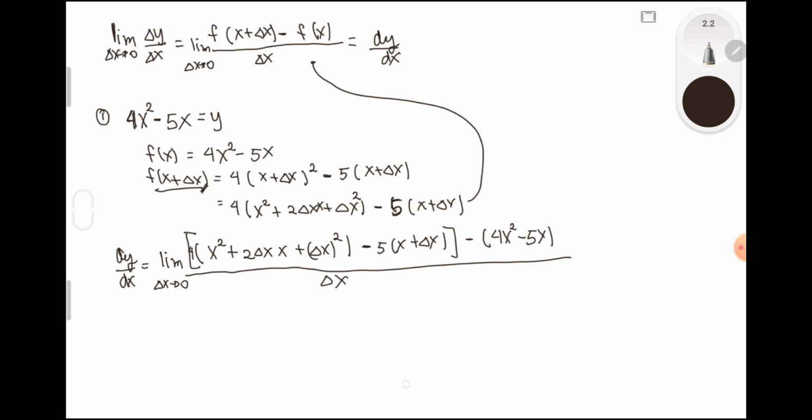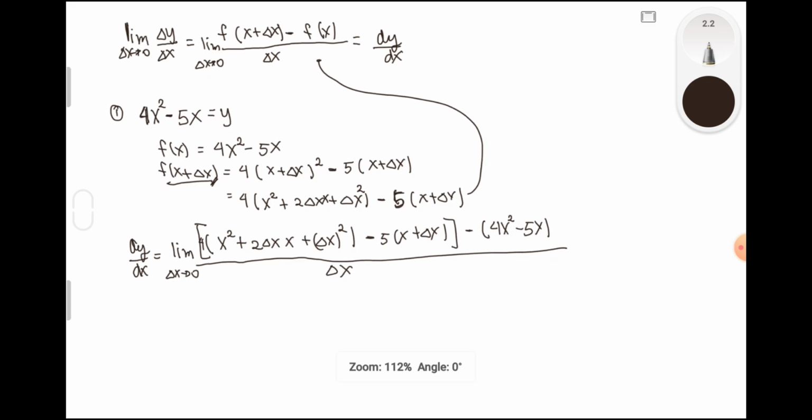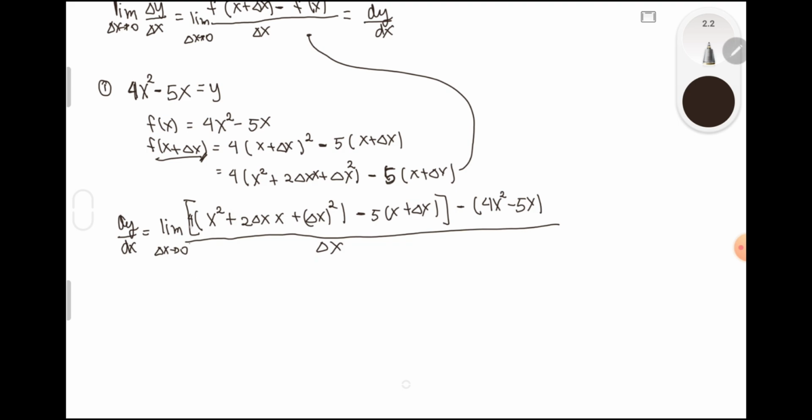So by further manipulation of this equation, we'll have a value of... kuha natin siya, distribute natin yung 4 natin.